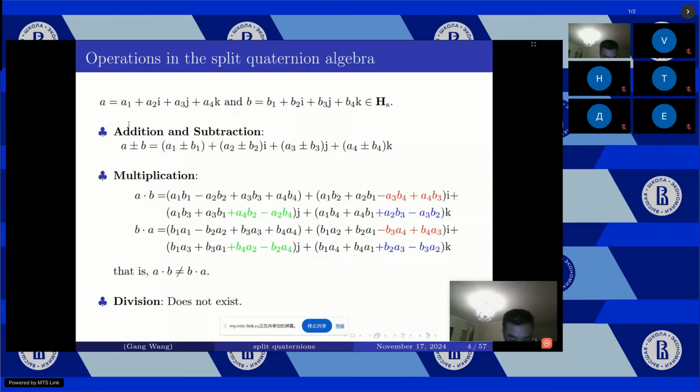When multiplying different imaginary units, the result is another unit, with the sign potentially changing depending on the order of multiplication. This means that split quaternion multiplication does not satisfy the commutative rule. In addition, since division is not defined in the split quaternion algebra, it is referred to as a ring rather than a field.